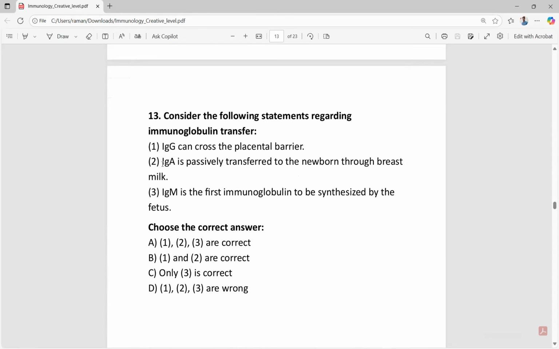IgA is passively transferred to the newborn through breastfeeding, which is known as natural passive immunity. IgM is the first immunoglobulin to be synthesized by the fetus. So this is correct. So 1, 2, 3 are the right answer. So option A is the right answer.